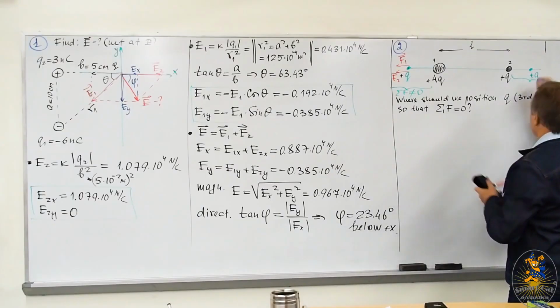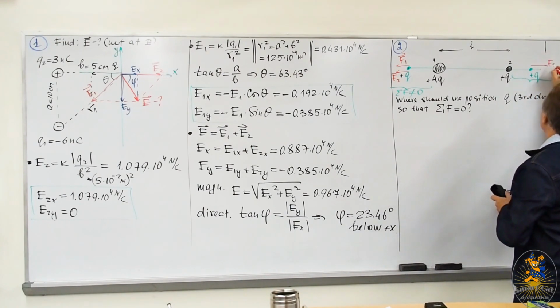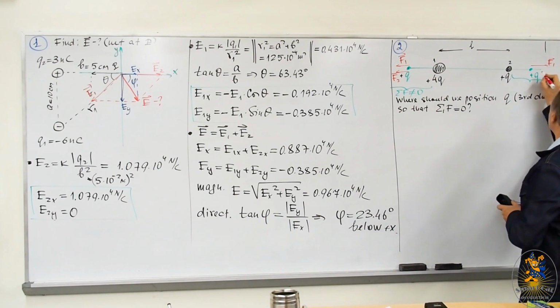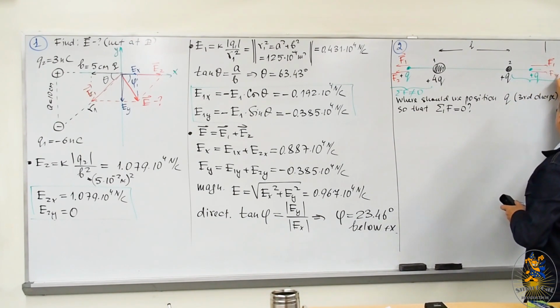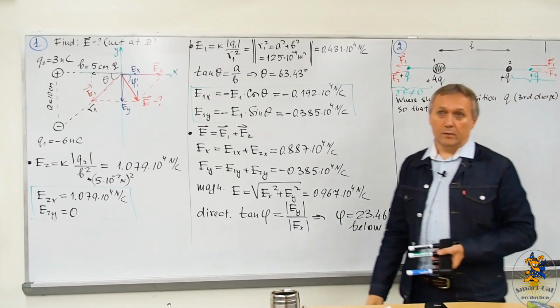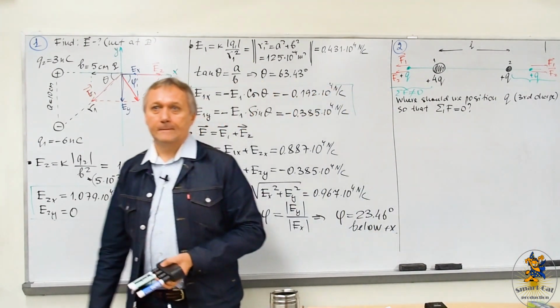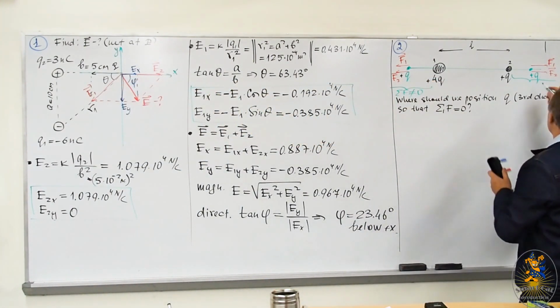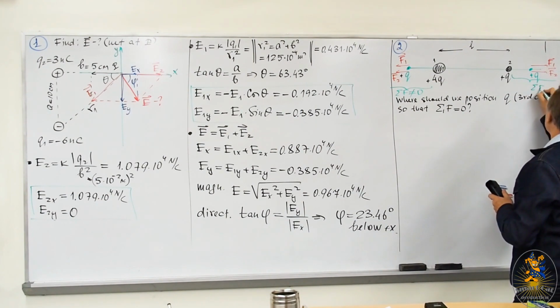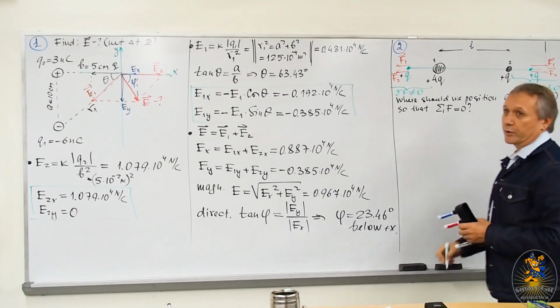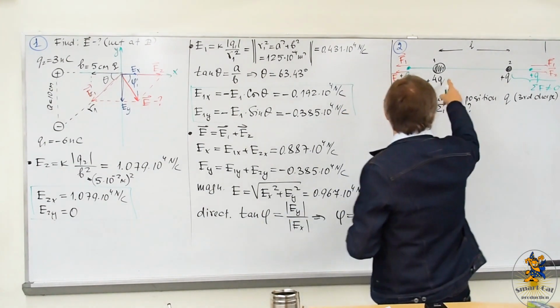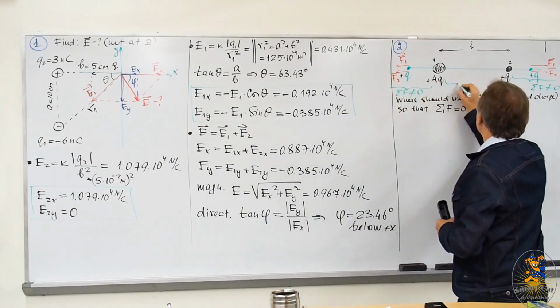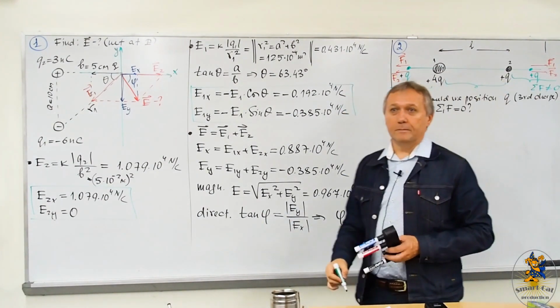So this will be F1, again repelled by this charge, and also repelled by this charge, since all of them are positive. So the same conclusion here, net force is not equal to 0. So there is only one region left, between.